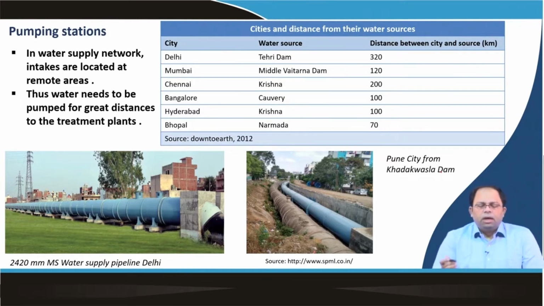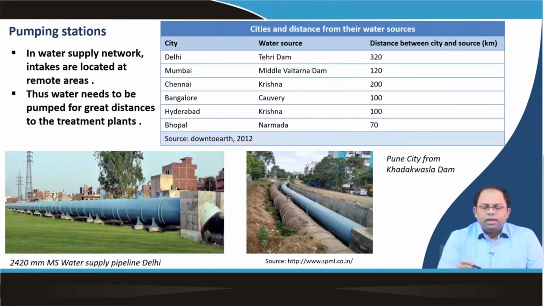Let us see in case of Delhi, water is being taken from Tehri Dam, which is almost 320 kilometers away. This is not the entire water source, there are other sources of course, but this is one of them. Similarly, Mumbai gets water from Middle Vaitarna Dam, around 120 kilometers away.